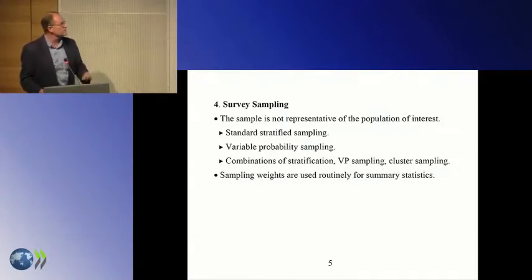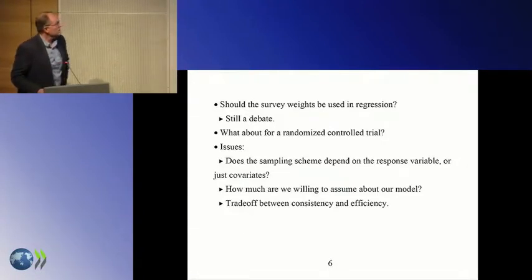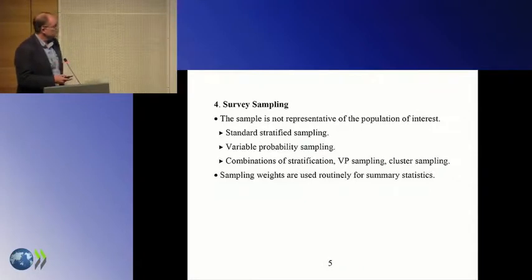Okay, but I'm going to focus on basically the argument for and against using the weights, and that will carry over to pretty much any kind of scenario that you have. So there's still a debate. It's pretty routine to see the weights used when you're reporting summary statistics.